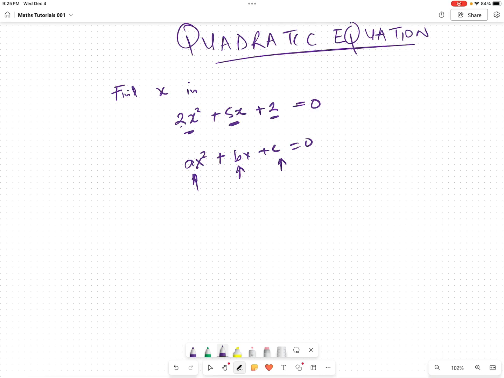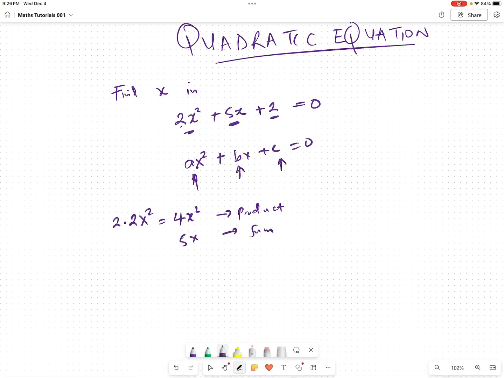I know that is getting way more complicated, but this is just what I'm saying. First we have 2x squared. If we multiply it by the constant, the 2 there, we'll have 4x squared. Think of this as the product, and in the middle here we have just this 5x, and that will be the sum.